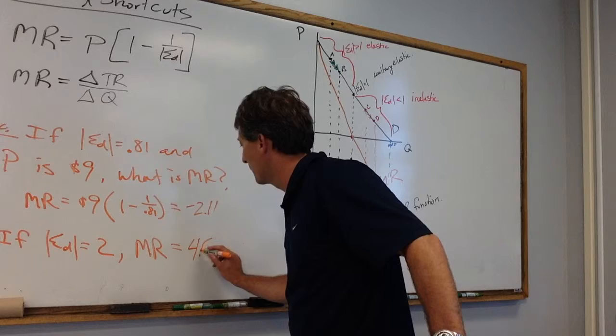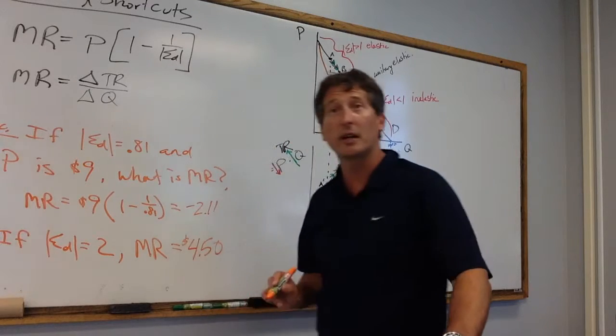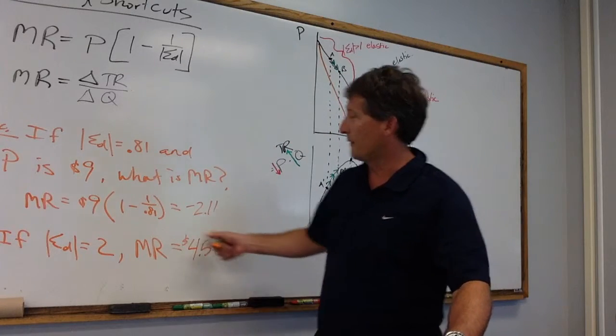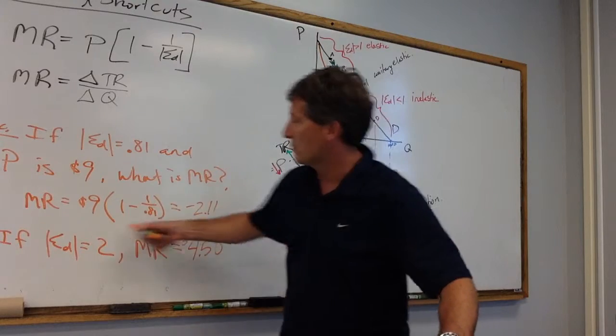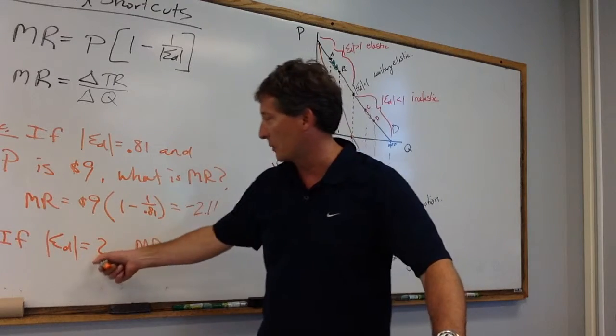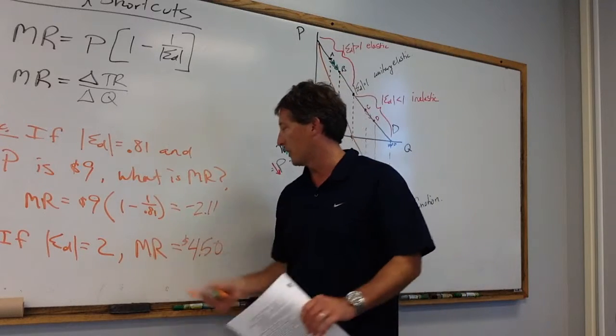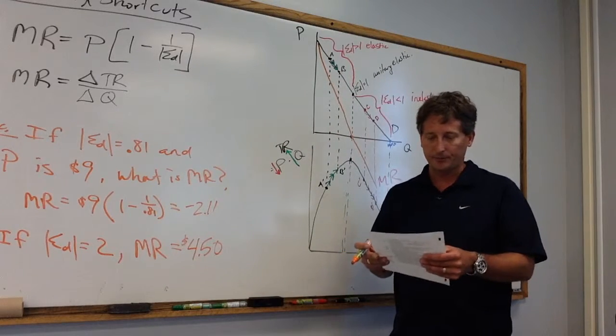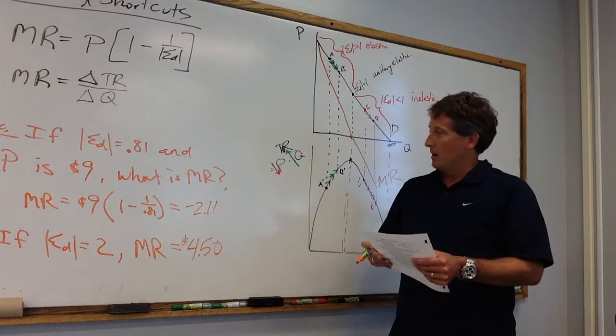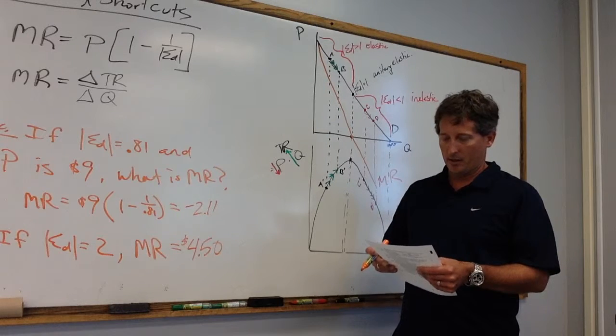And we are talking marginal revenue, so now this has dollars associated with it. So if demand was elastic and equal to 2, this formula says that the marginal revenue would be $4.50.